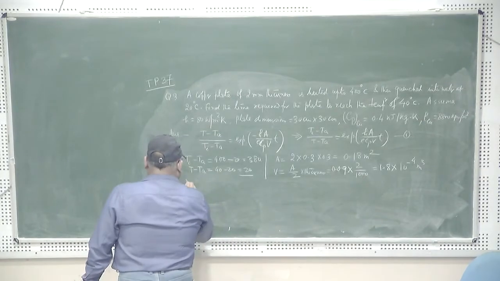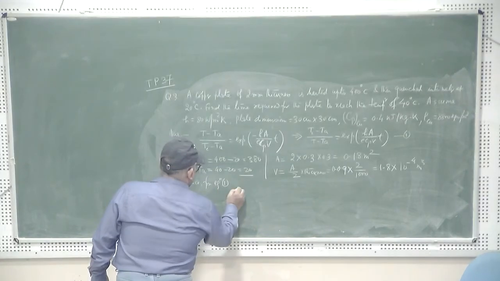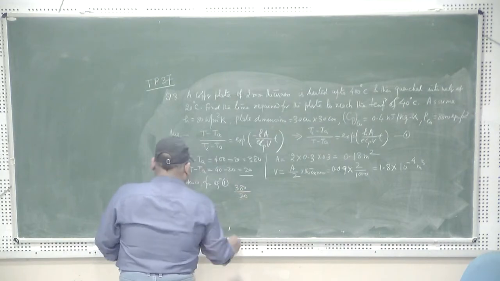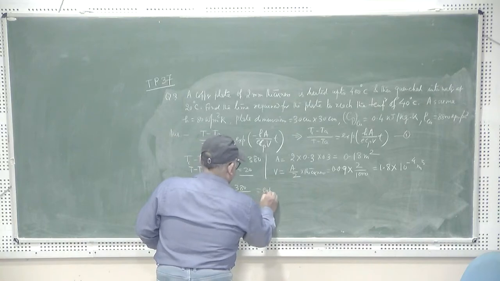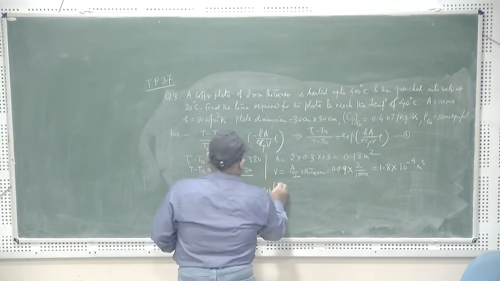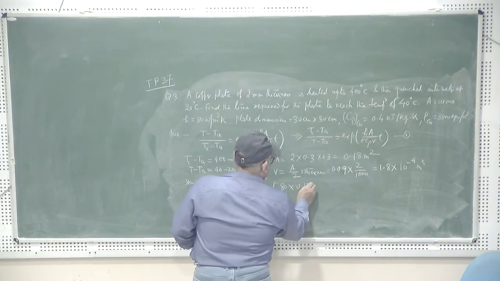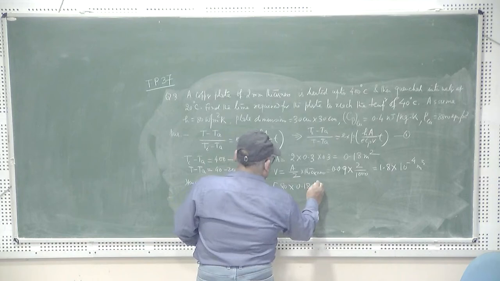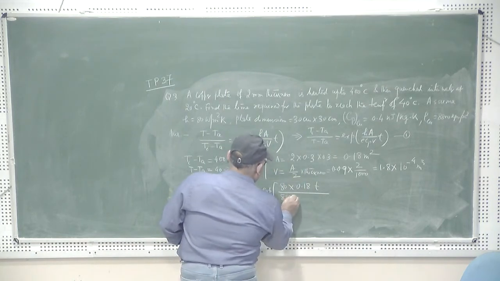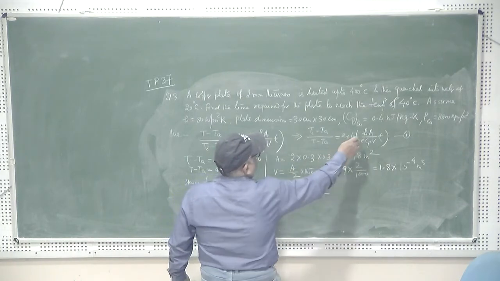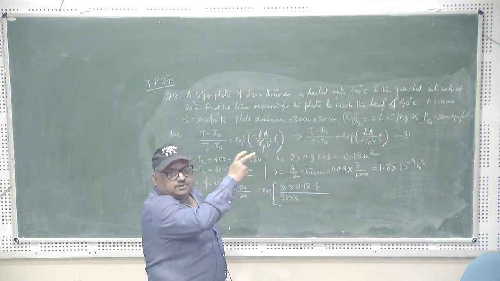Hence from equation number 1, 380 by 20 should be equal to exponential of h value 80 into area 0.18 meter square into t divided by rho, that is 8800, into Cp. This is given as 0.4 kilojoule, so it needs to be expressed in terms of joule only.